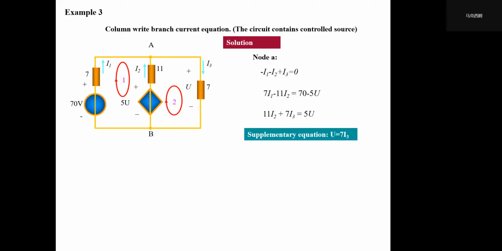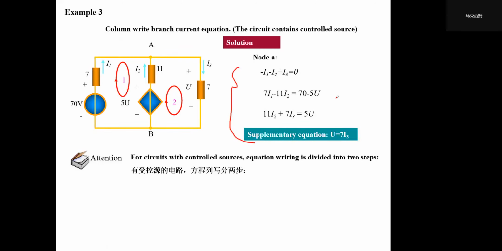So we now have four equations for four unknown variables, right? So we can solve it. But actually, it's not that difficult. In this scenario, we have a controlled source.